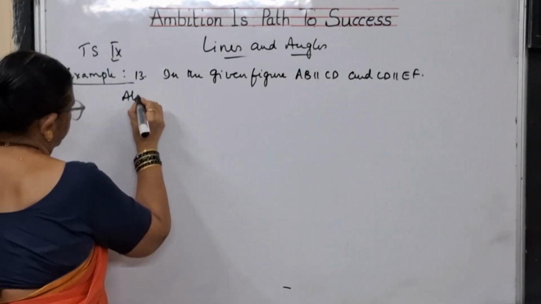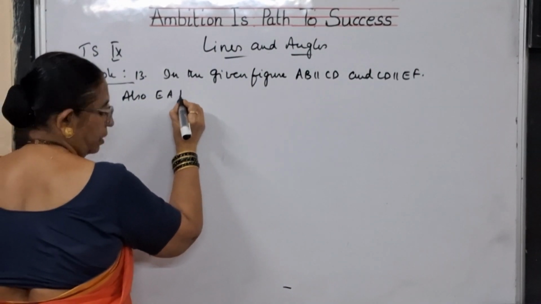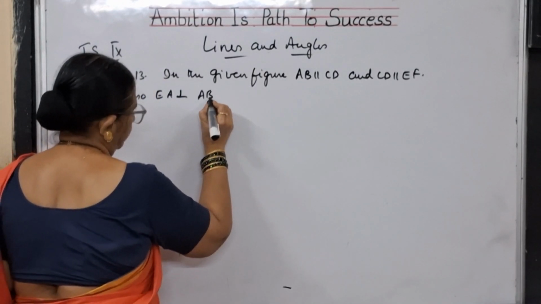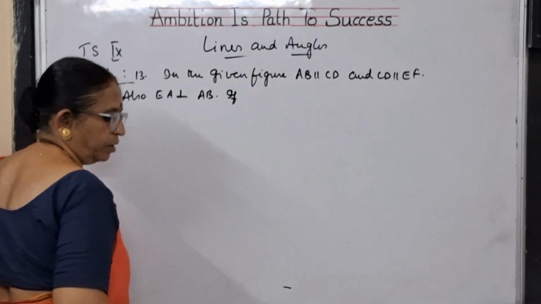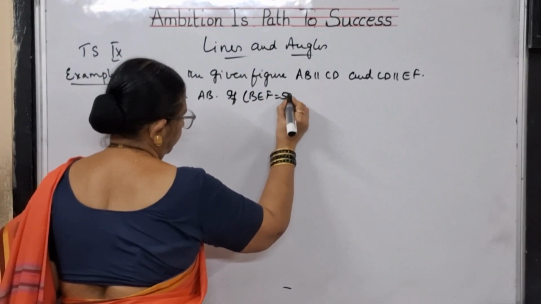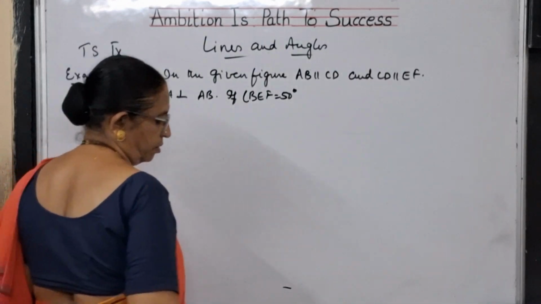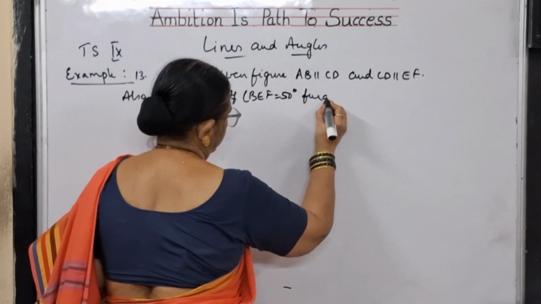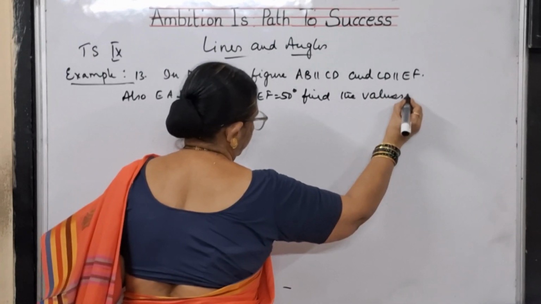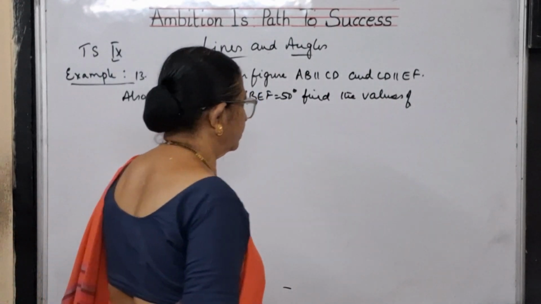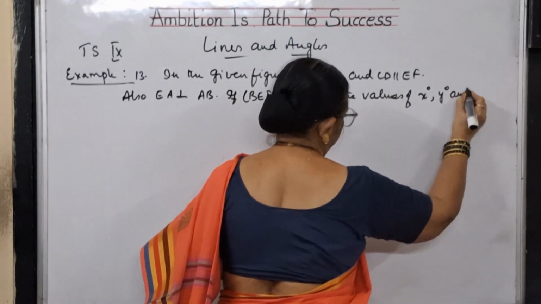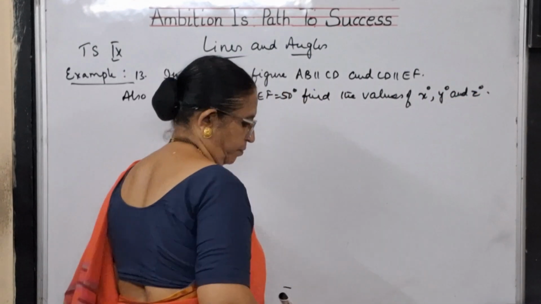Also, EA is perpendicular to AB. If angle BEF is equal to 50 degrees, find the values of x degrees, y degrees and z degrees.